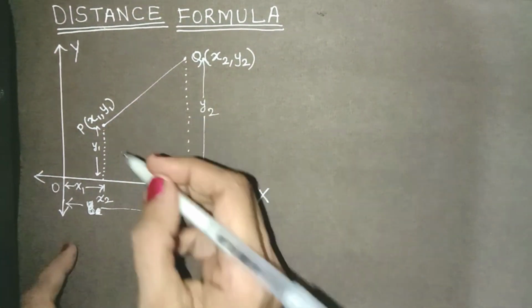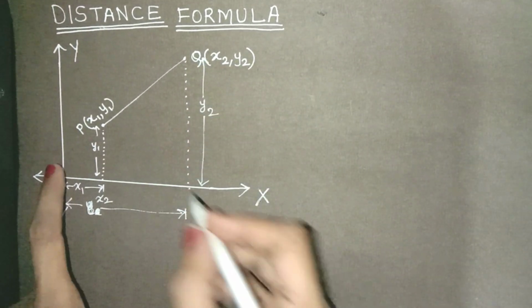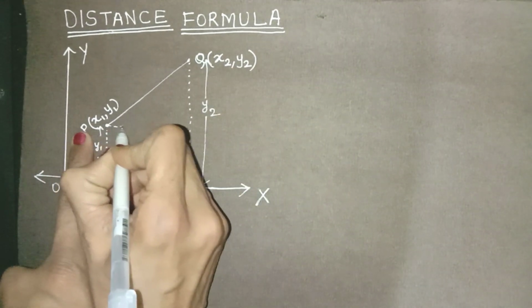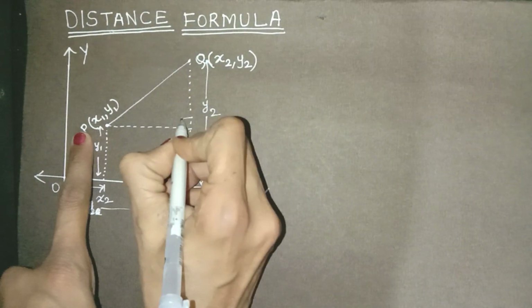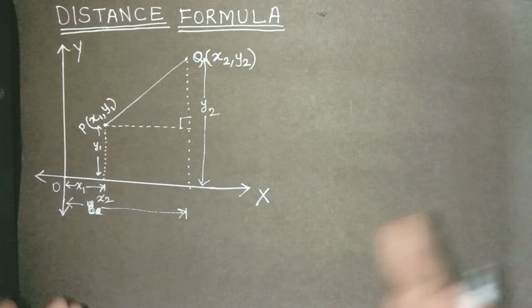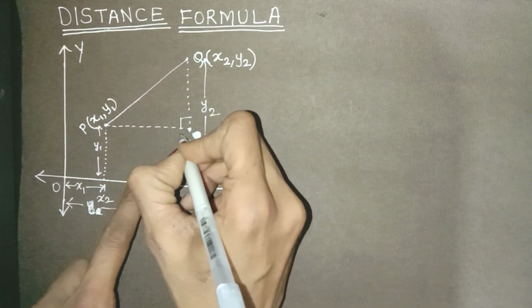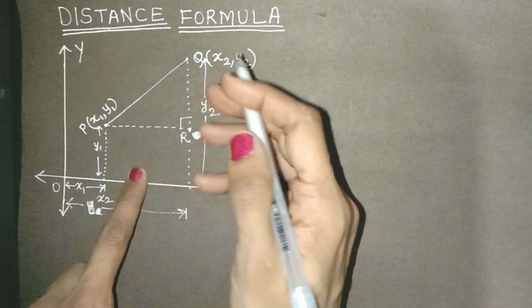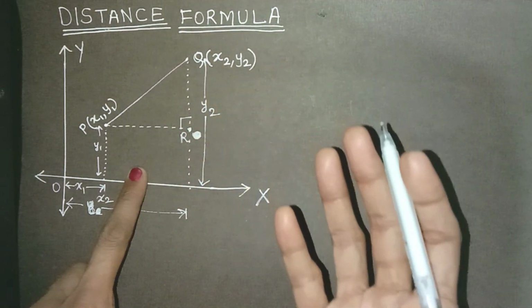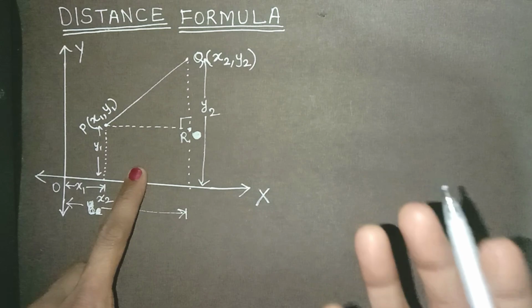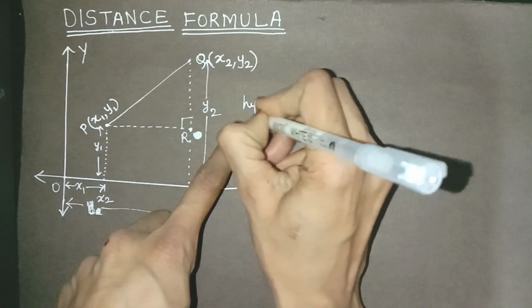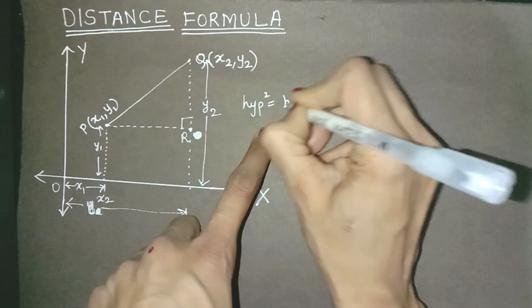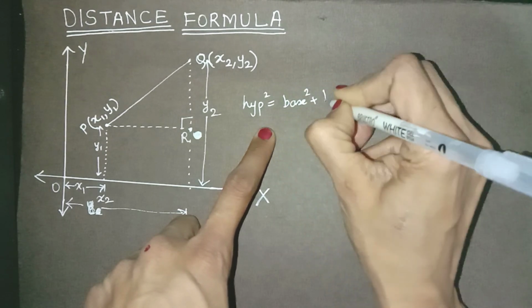Now friends, did you observe that these are all perpendicular lines? So I can draw a line which is perpendicular to this line. See? It's a 90 degree. This is a graph. Everything is perpendicular. Let me mark this point as say R. Since this is a right angle triangle, I can use the Pythagoras theorem. Do you remember what is the Pythagoras theorem? Yes, the hypotenuse square is equal to the base square plus the height square.